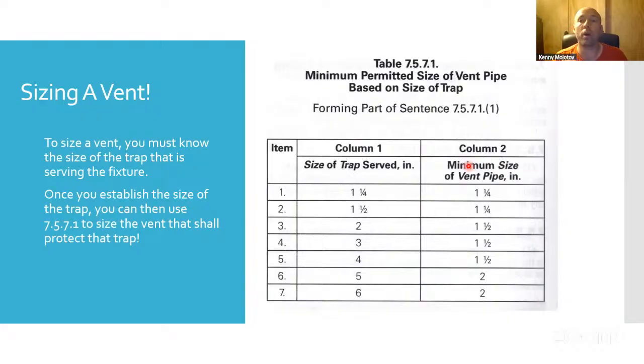It's always a problem going lower. So you are never allowed to downsize a drain or a vent, because you are violating other codes, but you are okay to upsize.